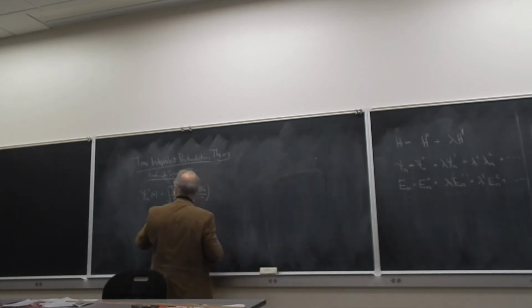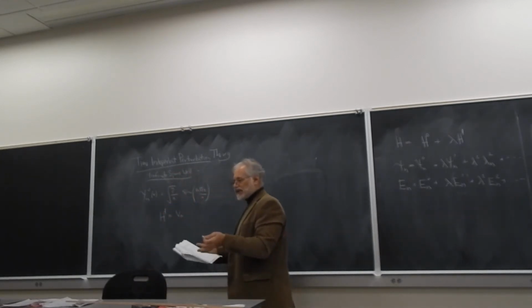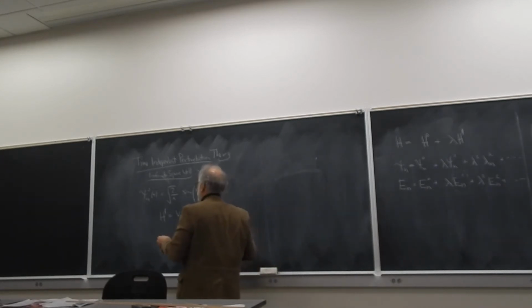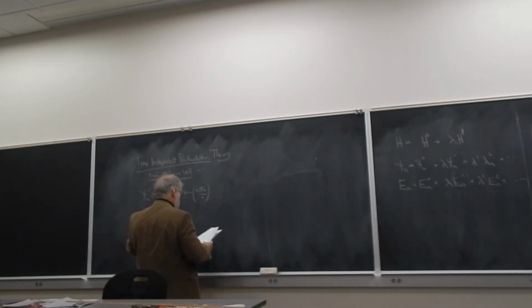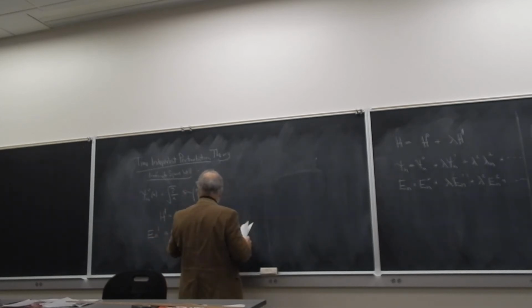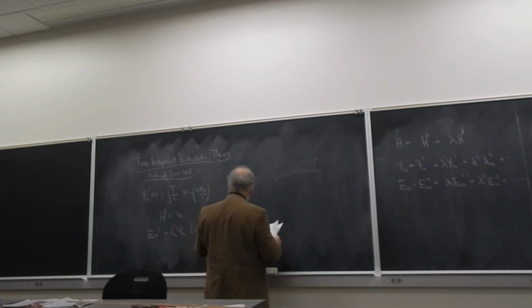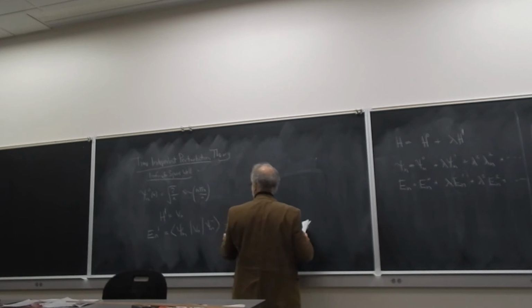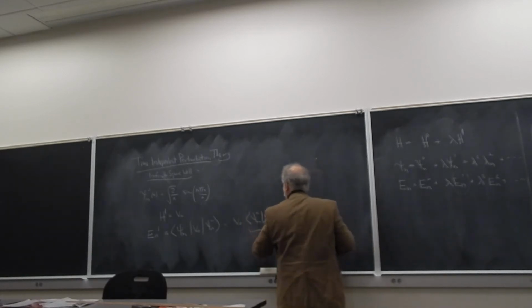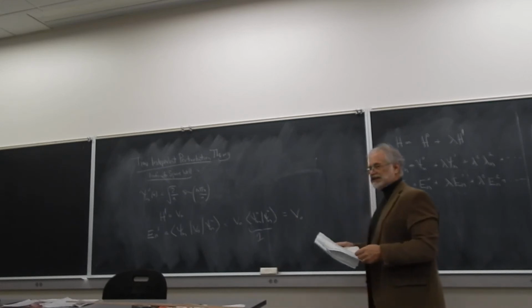So in this case, my perturbation, H1, is equal to V naught. That means my energy correction, En1, should be my initial wave function with my perturbation in the middle, which I can write as V naught, a constant, times ⟨ψn|ψn⟩, which of course is just 1, they're orthonormal, so that just gives me V naught.